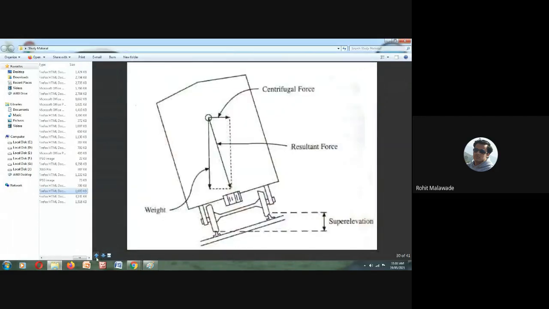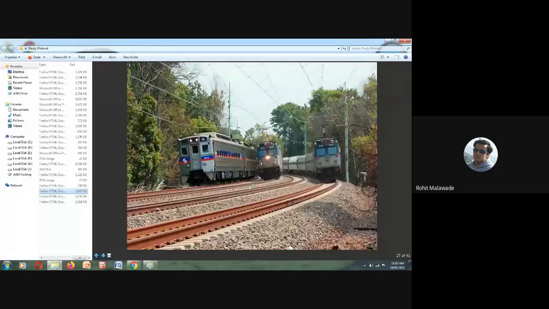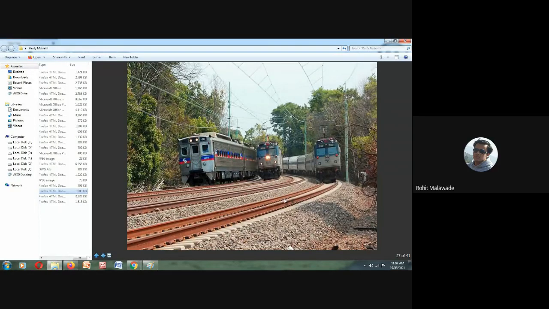Now, take the example of this particular track. There might be n number of trains running on it, each with a different speed.